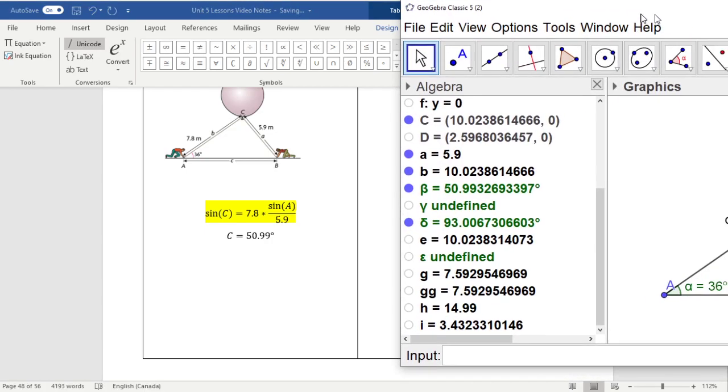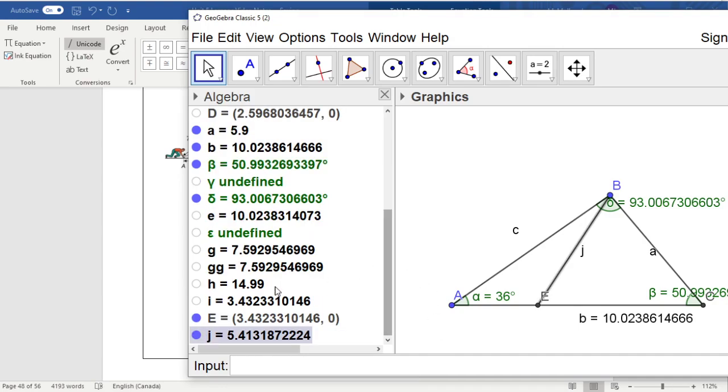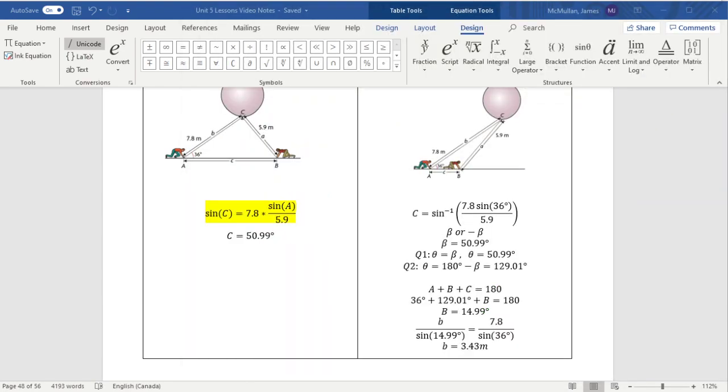Now, if I draw that on my picture, let's draw a point and say segment EB. Sorry, I made a mistake there. I said 7.8 over sine 36.